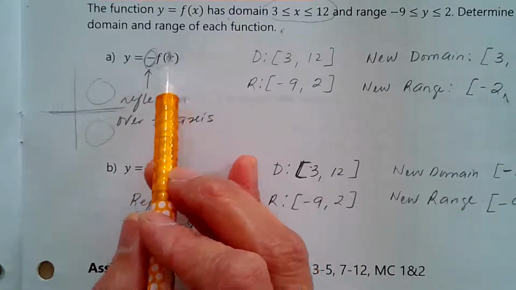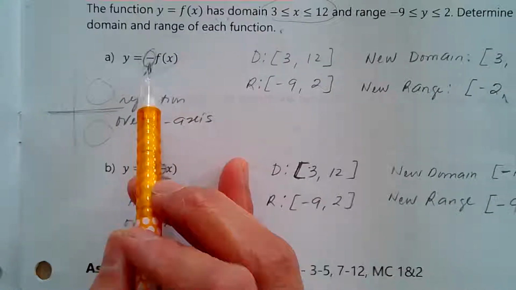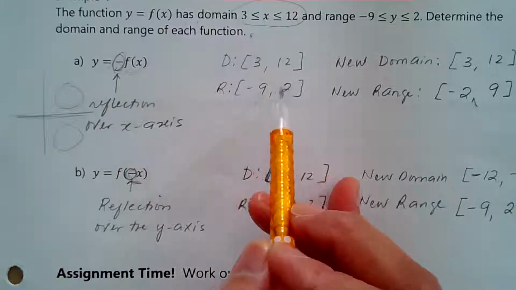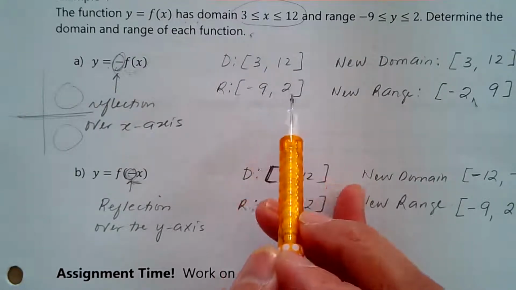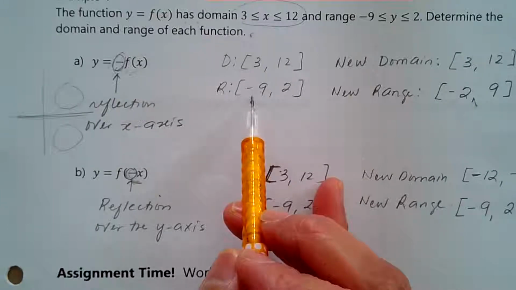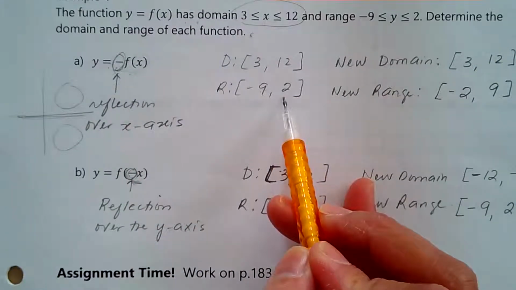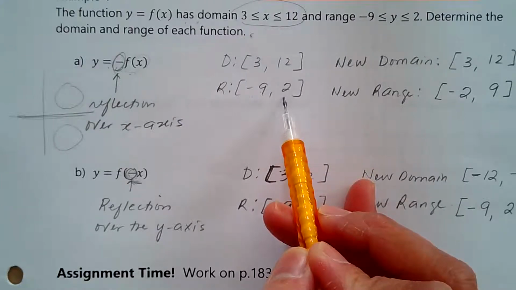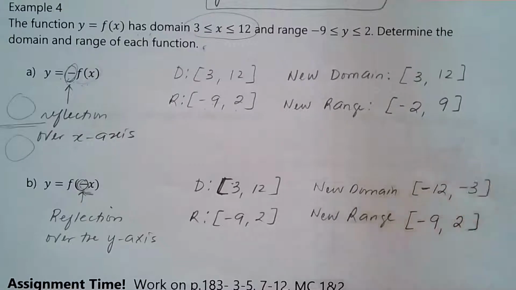So all of the y values that I have in here got multiplied by negative 1. Multiplied by negative 1, that becomes positive 9. Multiplied by negative 1, that becomes negative 2. But we just want to write it properly from smallest to biggest. It's all good? Okay.